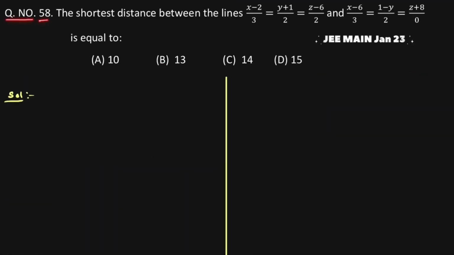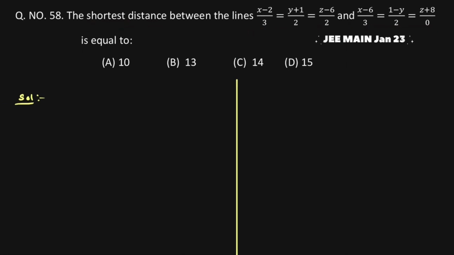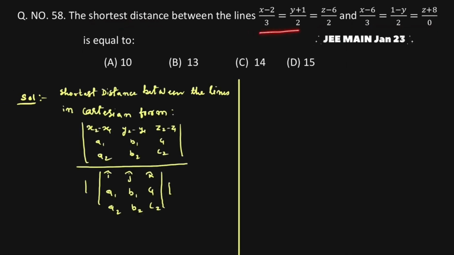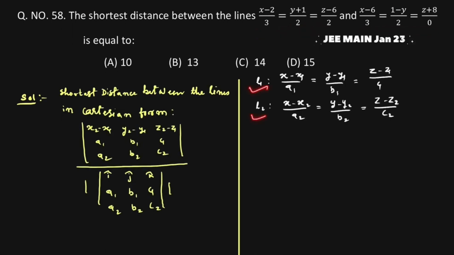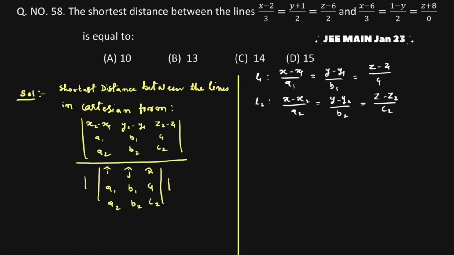Question number 58. We are going to find the shortest distance between these two lines, and the lines are given in Cartesian form. When we compare these two lines with the given standard form, we are able to write x1 equal to 2, y1 equal to minus 1, z1 equal to 6.